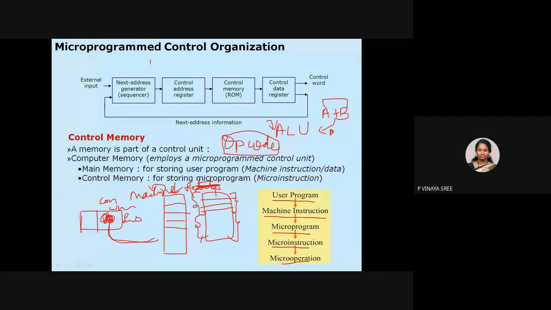So fetching is done. This is the normal flow. Next, decoding is done, and after decoding, based on what is mentioned in the instruction, the corresponding signal has to be generated so that the ALU will perform the operation. For that, this input has to be selected and given to the control memory.